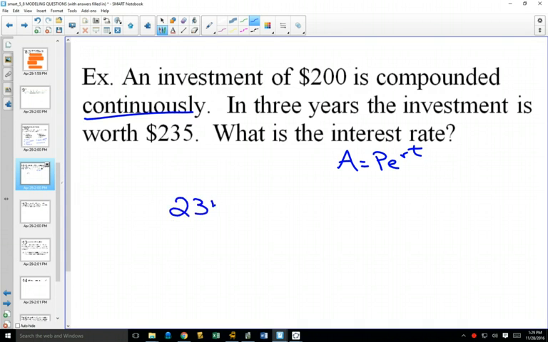So when we put everything that we know into this formula, we don't know the rate. And now we're solving for r in the exponent. When you solve for something in an exponent, how do you do that? You use logs. Now, since the base is e, we're going to use natural logs.